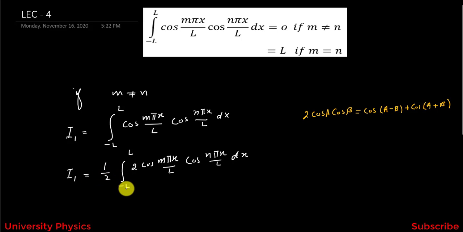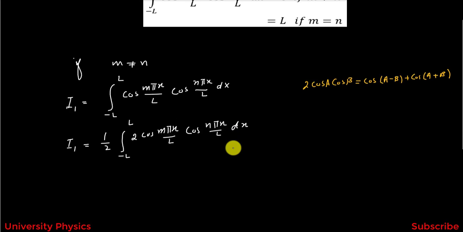For this, I need to multiply and divide the equation by 2, because here is 2. So I1 is equal to half the integration from minus L to plus L of 2 cos(m pi x over L) cos(n pi x over L) dx.